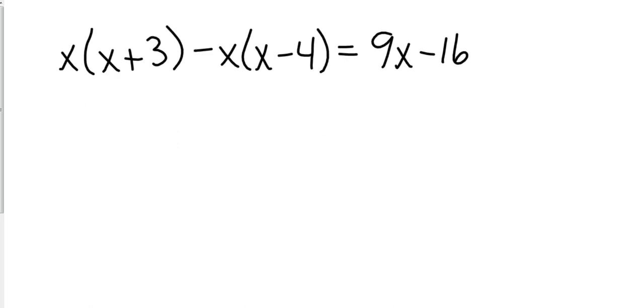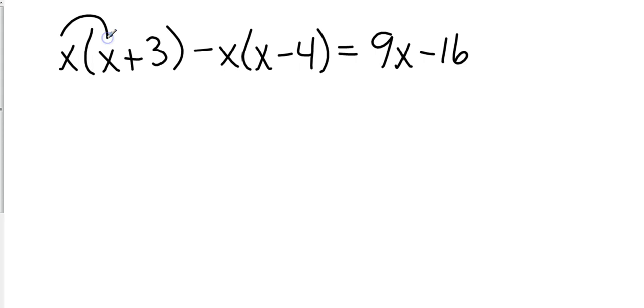Okay, the third and final problem is going to be an actual equation problem where we're going to end up solving for x. Notice this is an equation because it's got something on both sides that are equal to each other. So we're going to end up with x equals something. So let's go ahead and do our parentheses first.